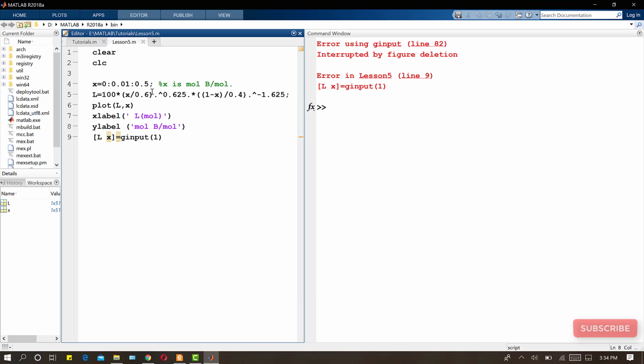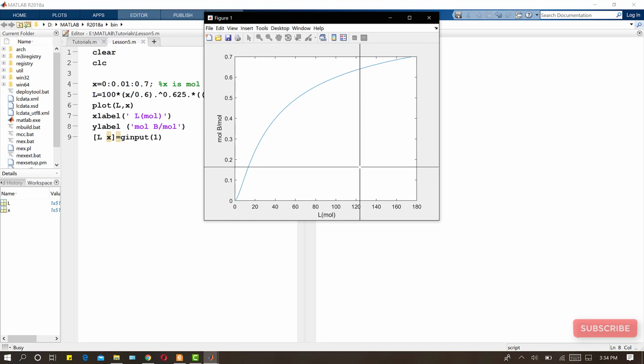So we will increase the range of X. Let's suppose 0.7 this time. If I write 0.7 and execute this again, now we see that L is equal to 70 somewhere here.